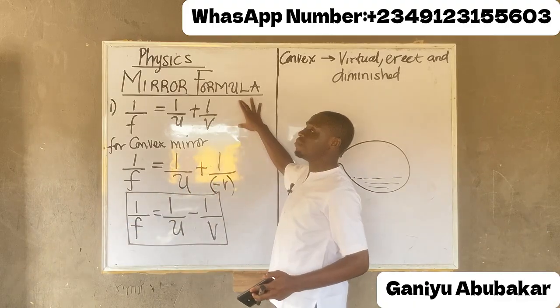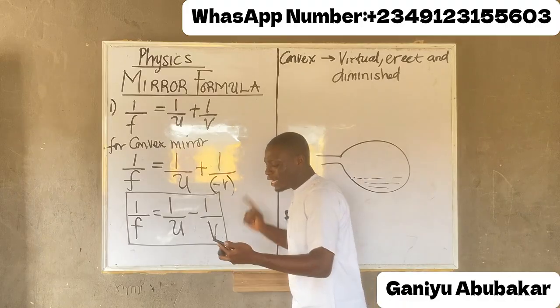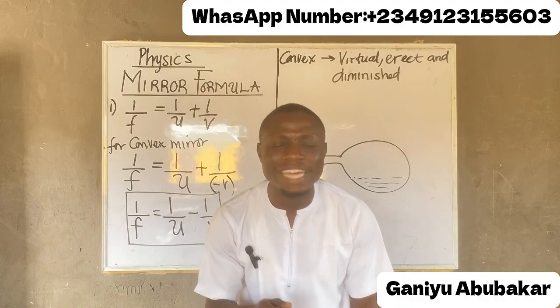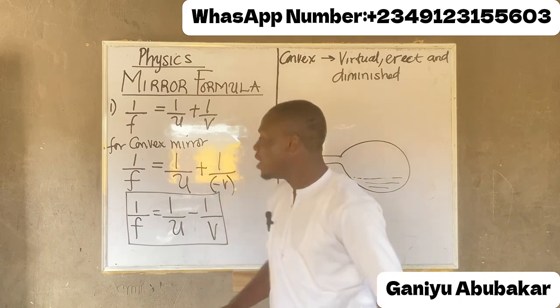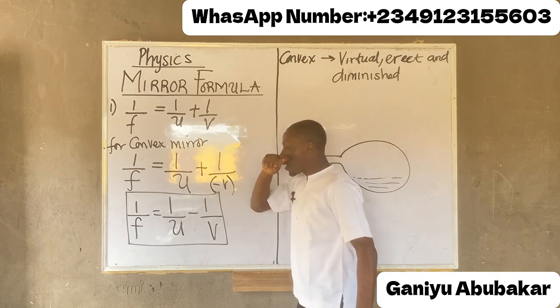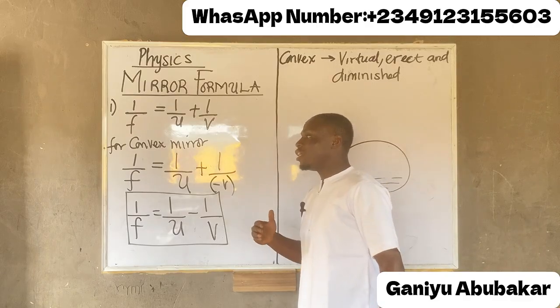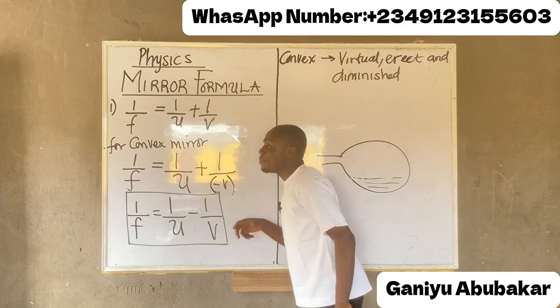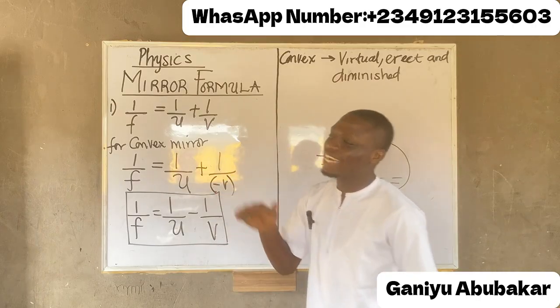That's unity, greater than unity. That's for concave. For convex, it must be less than unity, it must be less than 1. Listen, please, guys: concave can be lesser, equal to, or greater than 1, while convex must be less than 1.